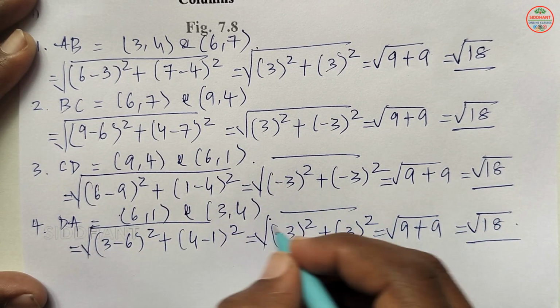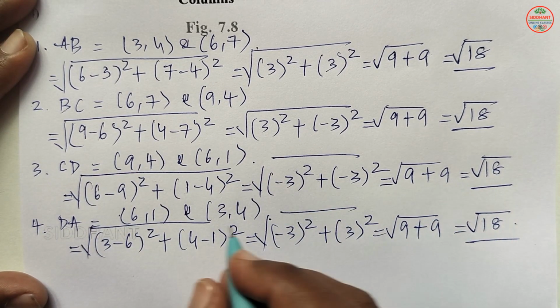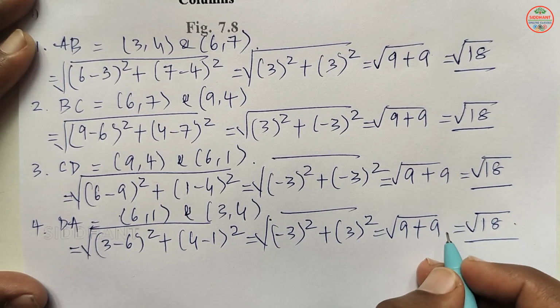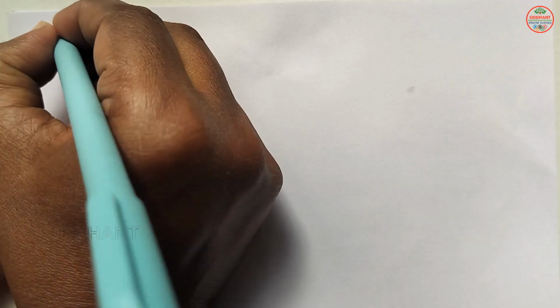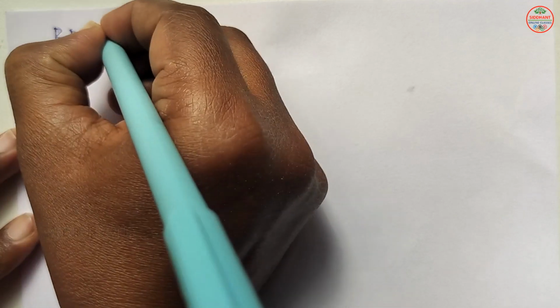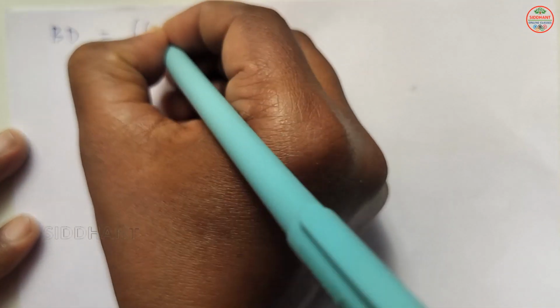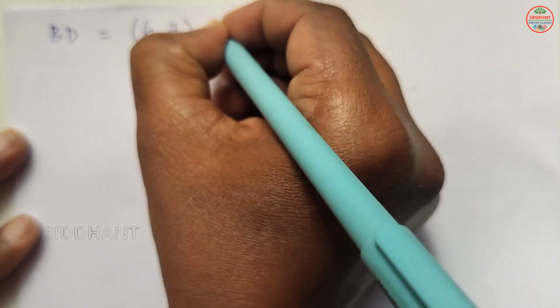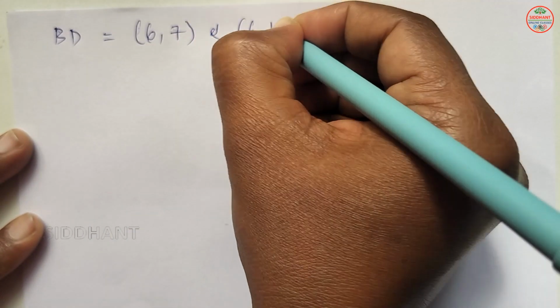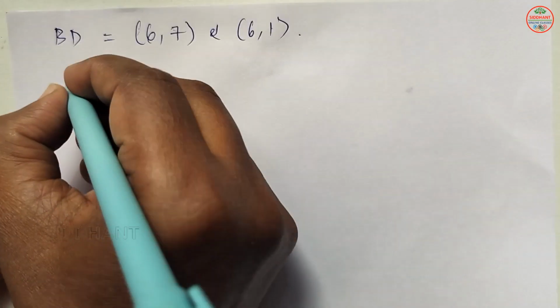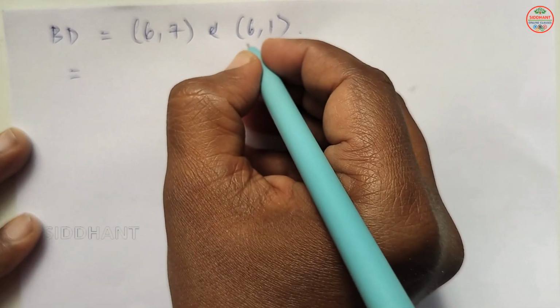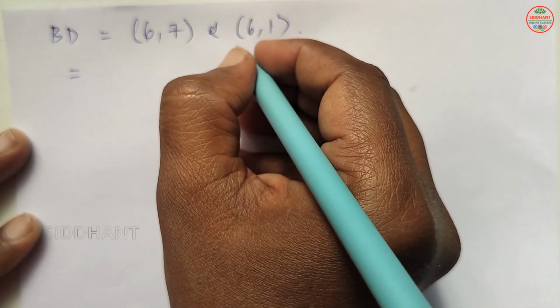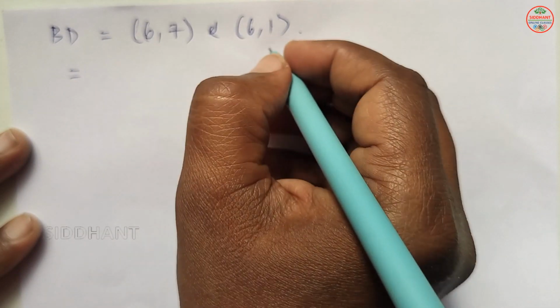So the first condition is satisfied. Next we are going to see the diagonals. First BD, which is (6, 7) and (6, 1). We know the distance formula: square root of (x2 minus x1) whole square plus (y2 minus y1) whole square.